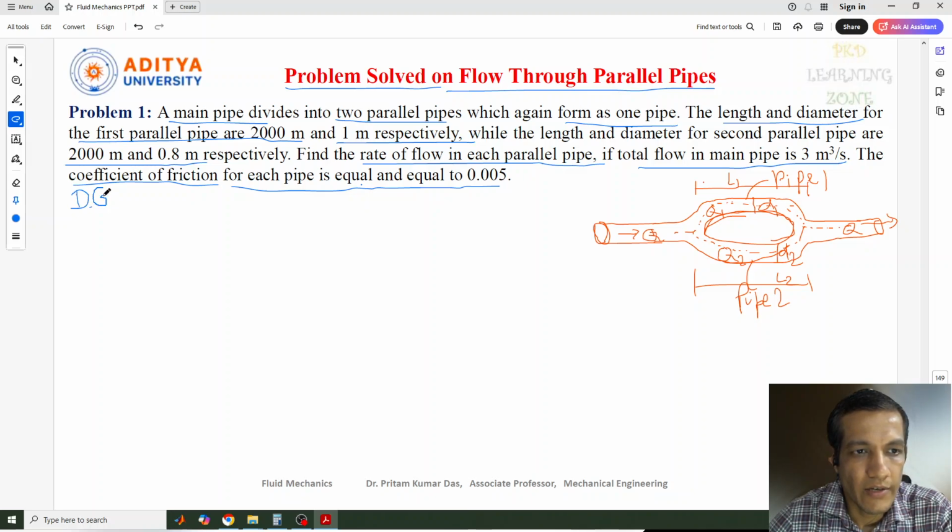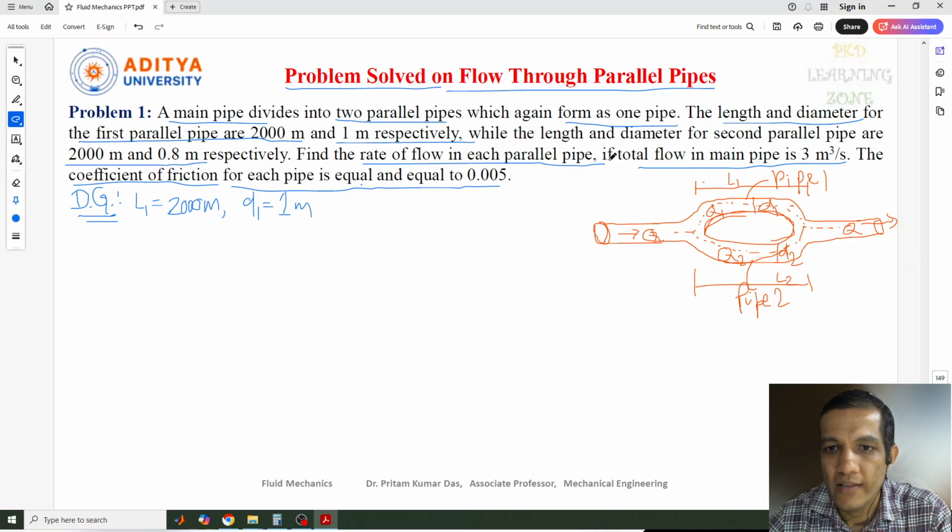Now the data given here: first, the length and diameter of our first parallel pipe, pipe 1. L1 is given as 2000 meter, and for pipe 1 we have the diameter D1 equal to 1 meter.